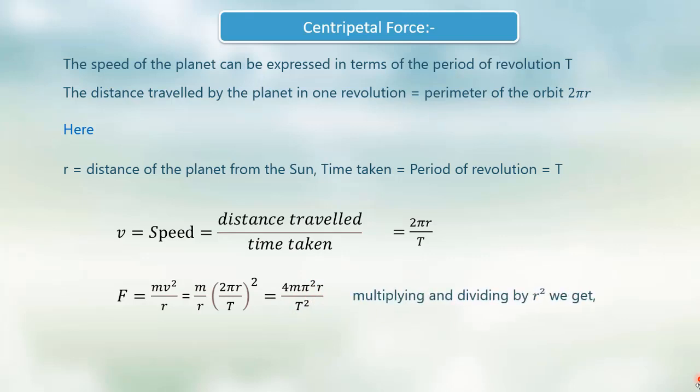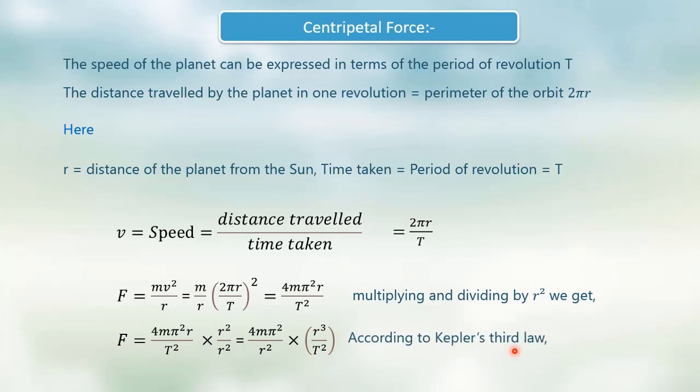Multiplying and dividing by r square, we get F is equal to 4m pi square r upon T square into r square upon r square. So 4m pi square upon r square into r cube upon T square.